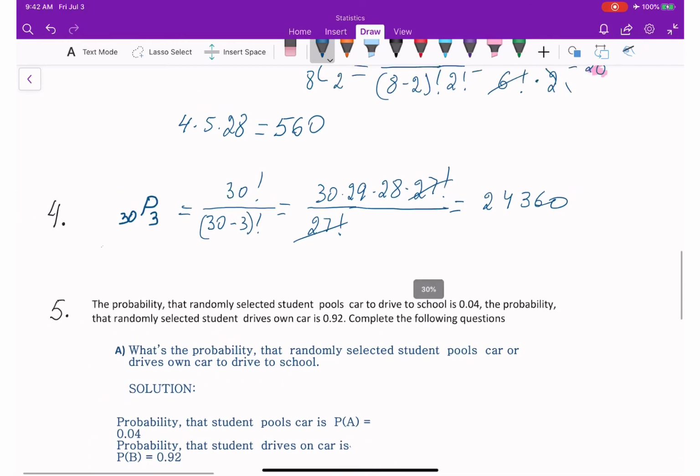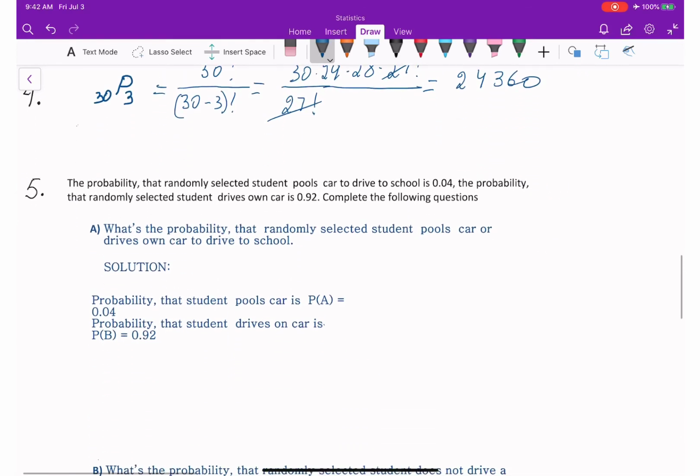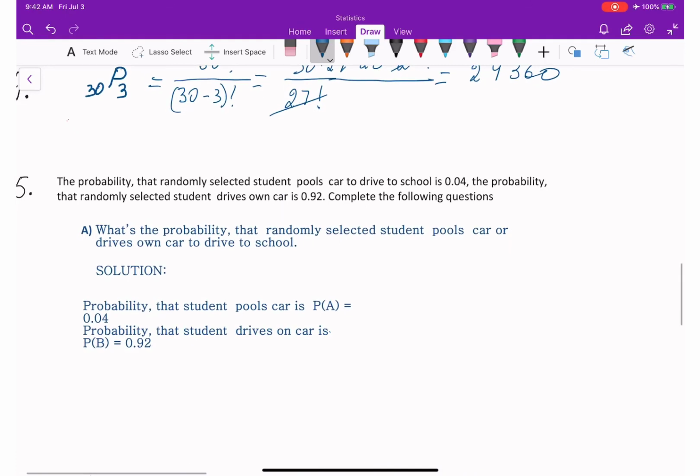Okay. Question number 5. The probability that randomly selected student pulls car to drive to school is 0.04. The probability that randomly selected student drives own car is 0.92. Complete the following question. Okay, let's see. What's the probability that randomly selected student pulls car or drives own car to drive to school?